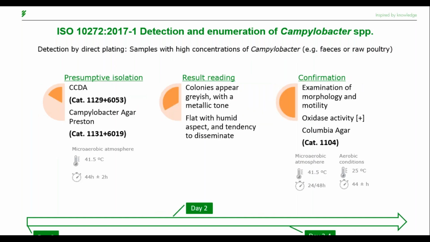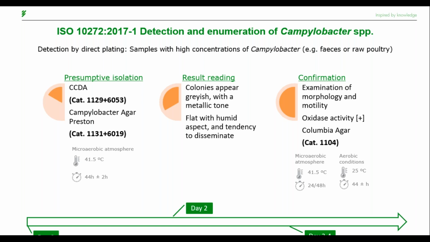The third and last detection procedure, by direct plating, is for samples with high numbers of Campylobacter. This procedure can be used in combination with ISO 10272-2 in order to count number of Campylobacter per gram, per milliliter, or per square centimeter in the test material.